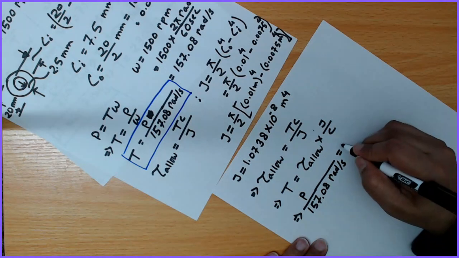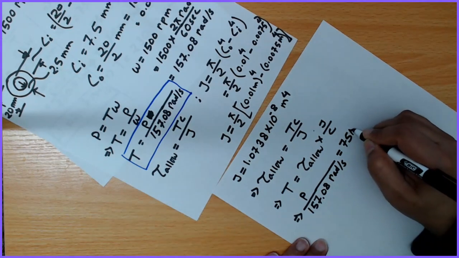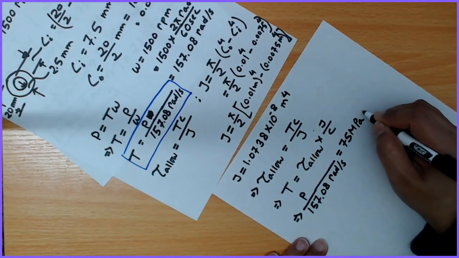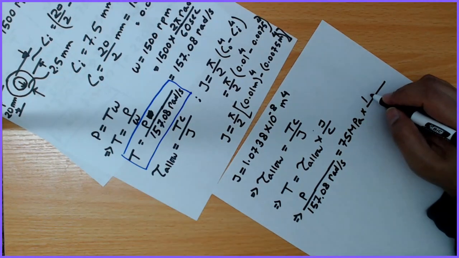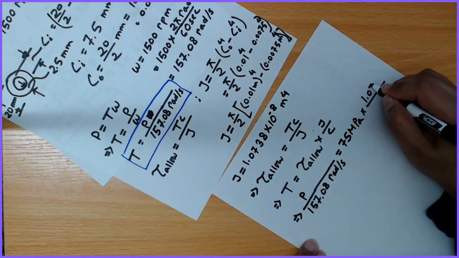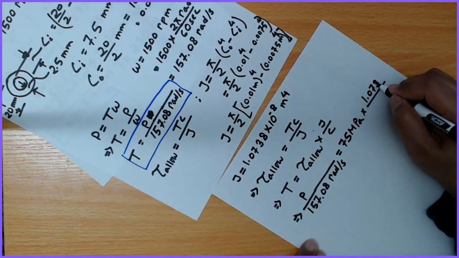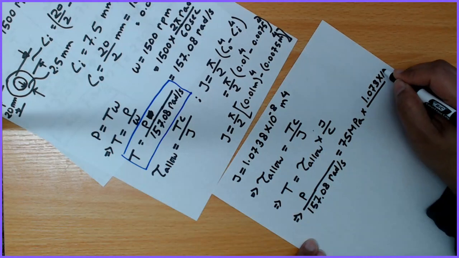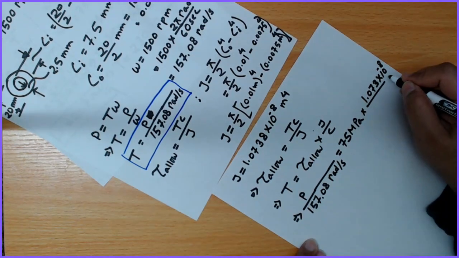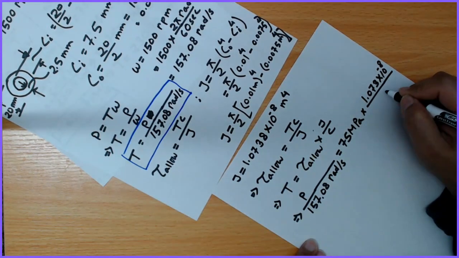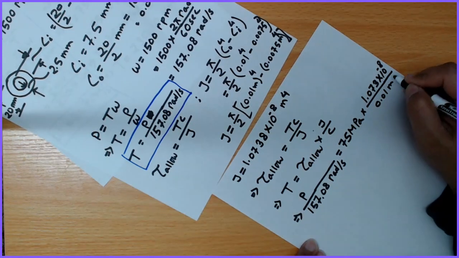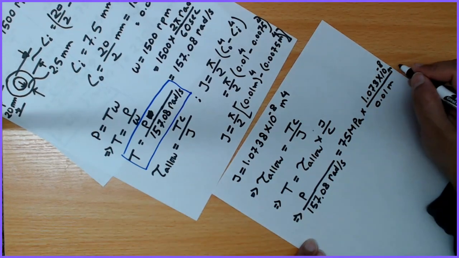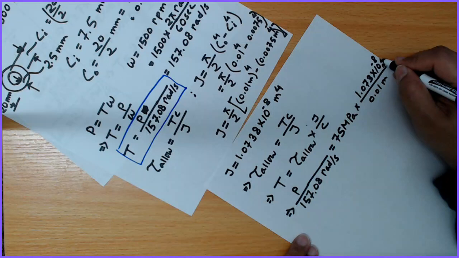Tau allow is 75 megapascal multiplied by J, we just found 1.073 10 to the power minus 8, and C here is 0.01 meter, and this is actually meter 4, sorry.